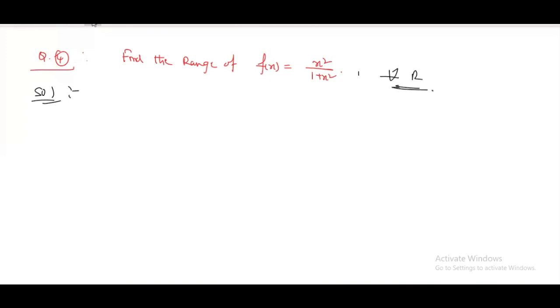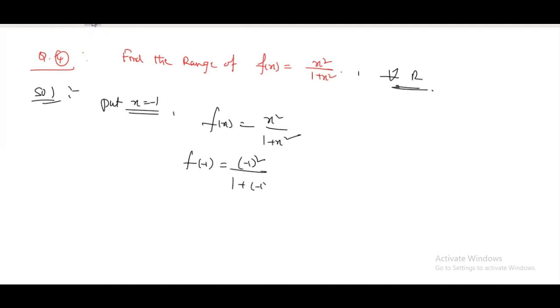But when I substitute particularly x is equal to -1, what happens? f of -1 is equal to -1 whole square by 1 plus -1 whole square, which is 1 by 2.